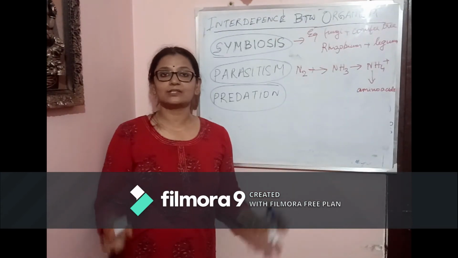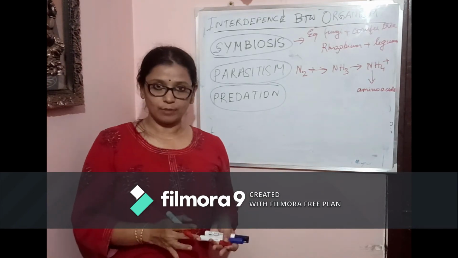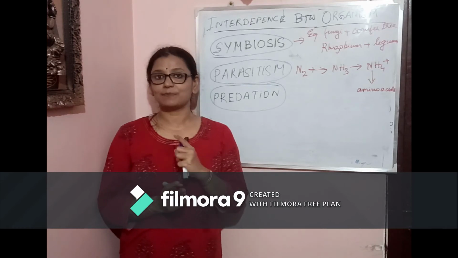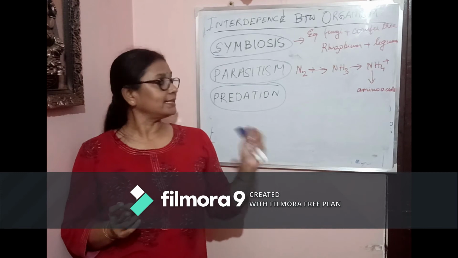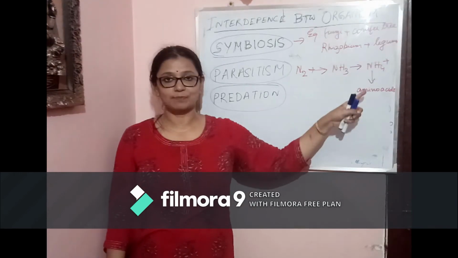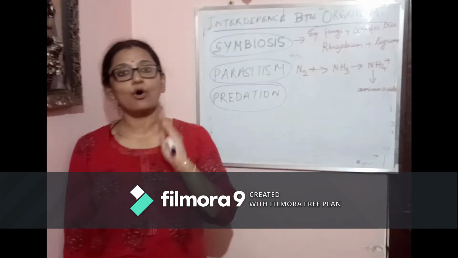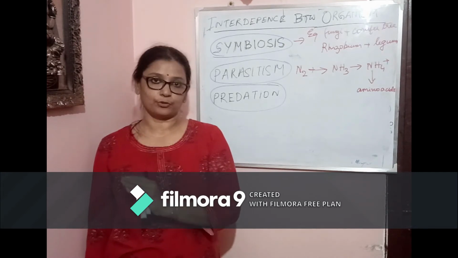These proteins are stored in the leguminous plants, either in the pod or in the seeds, and that is why all leguminous plants, that is the lentils, the peas, the soybeans, are highest in plant protein. All leguminous plants are rich in plant protein.